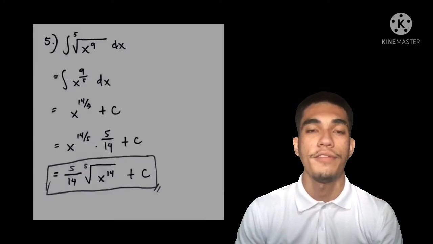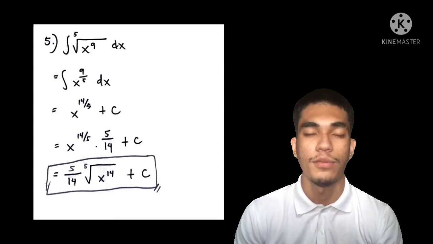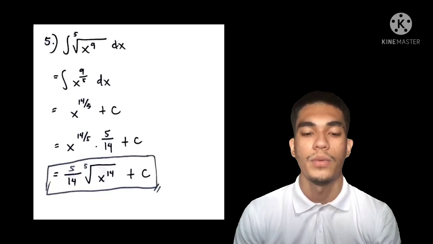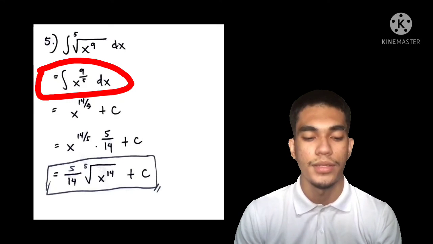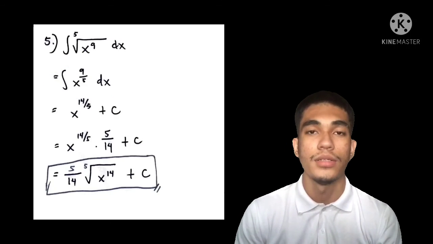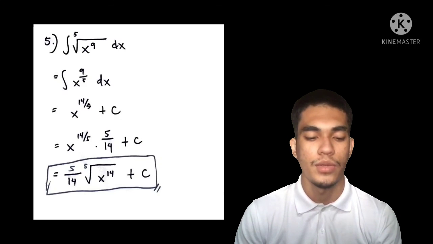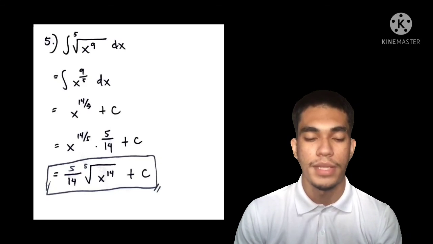Now, for our 5th problem, we have the integral of the 5th root of x to the 9th power dx. We can write it as the integral of x to the 9 over 5 dx. Now, if we integrate this, we have x to the 14 over 5 power over 14 over 5 plus c.